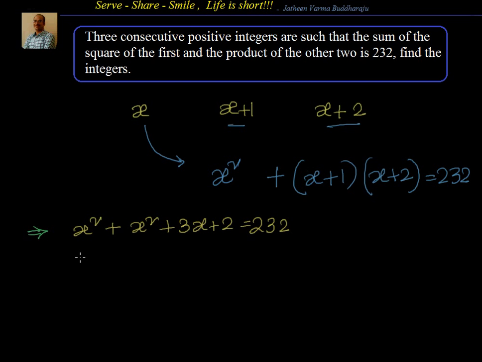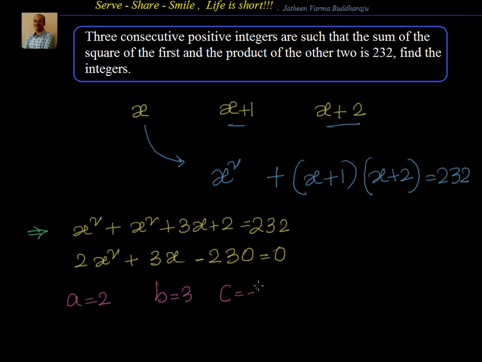Now let's simplify this. We will have 2x square plus 3x minus 230 is equal to 0. Now this is the quadratic equation we have. Let's find out what are the values of a, b, c. a equal to 2, b equal to 3, c equal to minus 230.